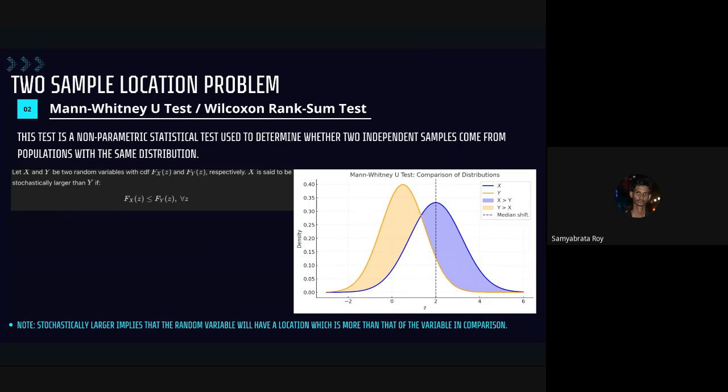Most of the mass of y is lying around 0 in the graph I have mentioned. But in the case of x, the density is getting concentrated around 2. So most of the mass is concentrated for x at a larger value than y. This signifies that x is stochastically larger than y. I guess it's helping, right?